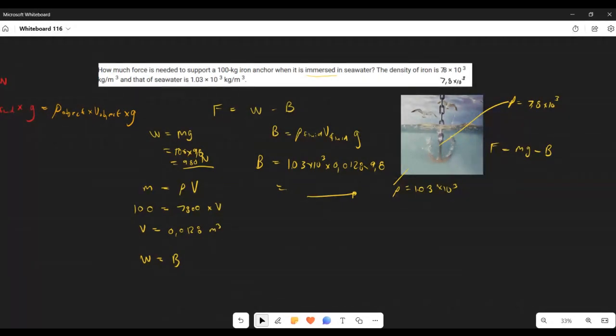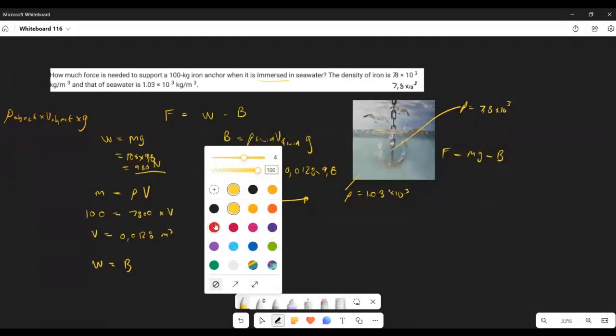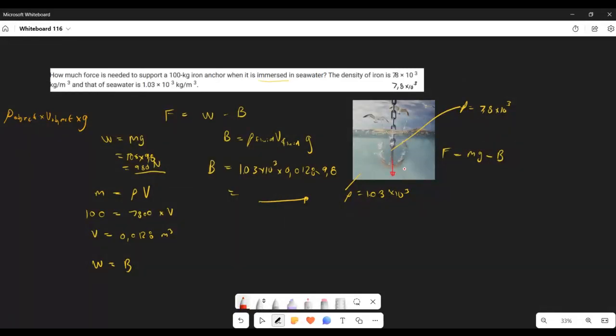And I think I know what I'm missing here. Guys, what's the buoyant force? I should have said this is the weight, maybe. We've got the tension in that cable, which is the force we're looking for. And we also have the buoyancy force, right?